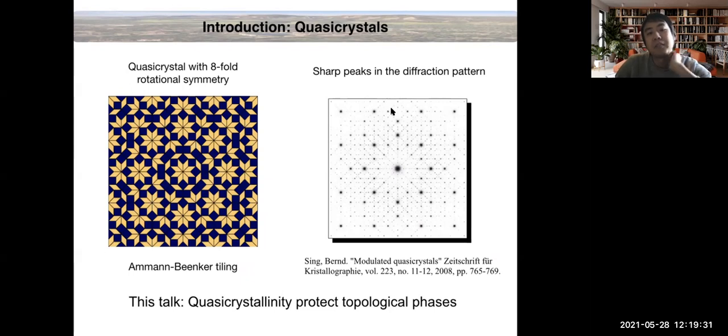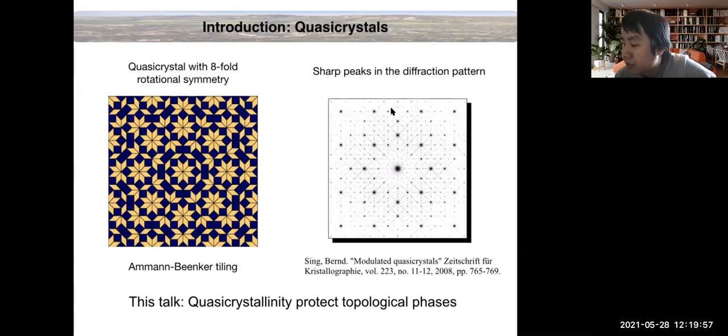Naively, you just look at the picture and say, oh, there's a 4-fold rotational symmetry, so there are topological phases protected by this rotational symmetry. That is correct, but it's not the full story. Even if you break the rotational symmetry, we show that there are still non-trivial topological phases, intrinsically related to these quasi-periodic properties.